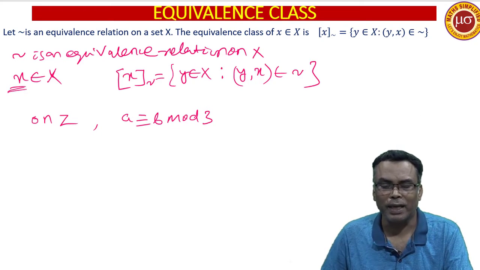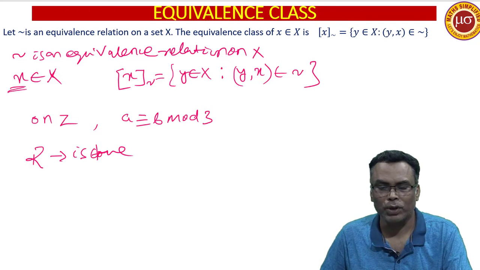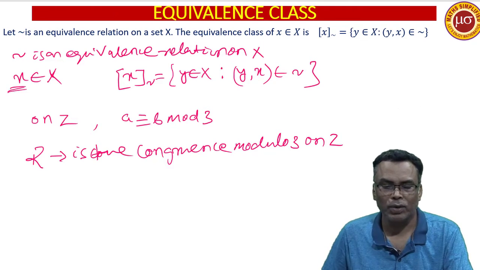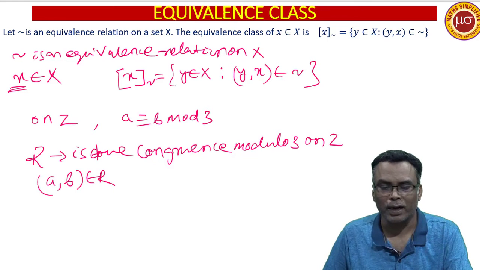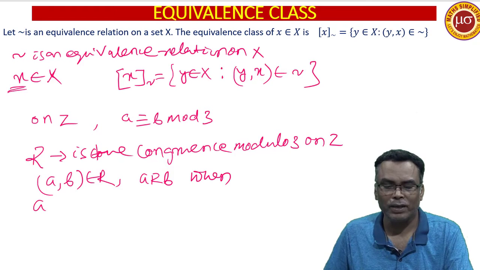Now let R stand for the congruence modulo 3 relation on Z. So a is related to b, or (a,b) belongs to R, when a is congruent to b mod 3.